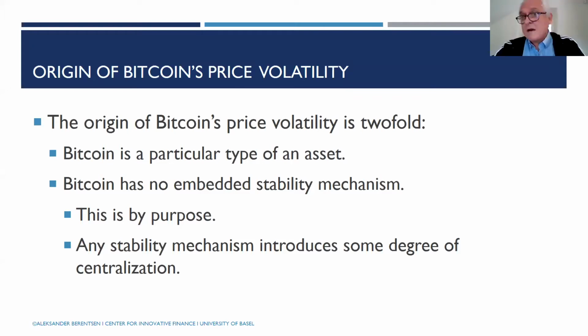And by the way, this is also important. I think this is on purpose. It's not that Bitcoin messed up. They didn't want any stability mechanism. And the reason is that every stability mechanism introduces some degree of centralization.